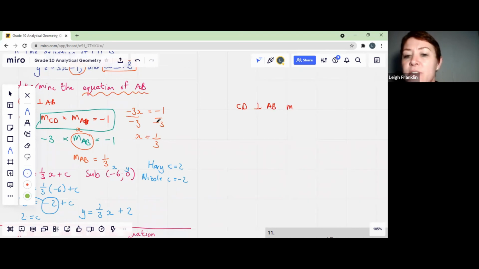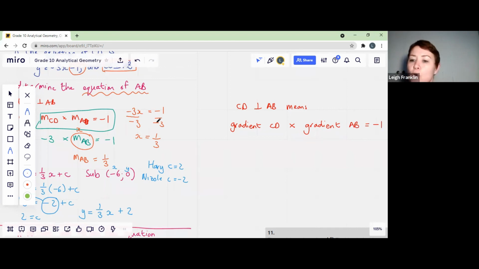What that means for us is that when you take the gradient of line CD and you times it by the gradient of line AB, you always end up with -1 as an answer. So that is like a mathematical fact.